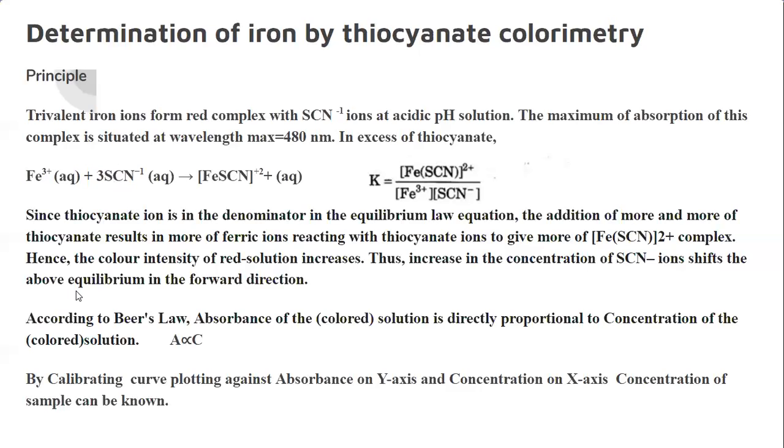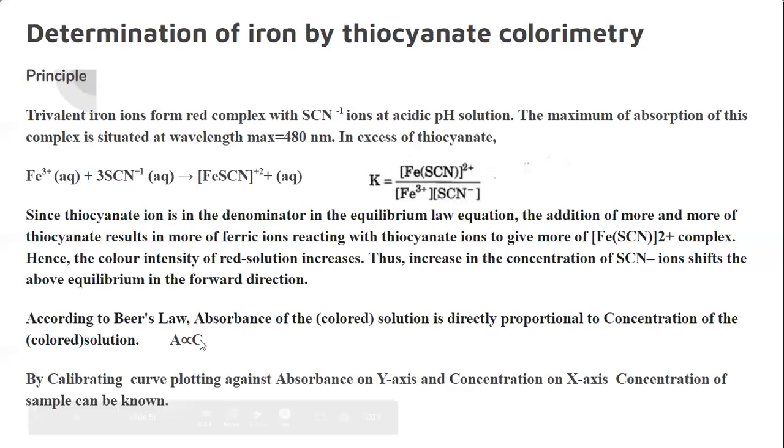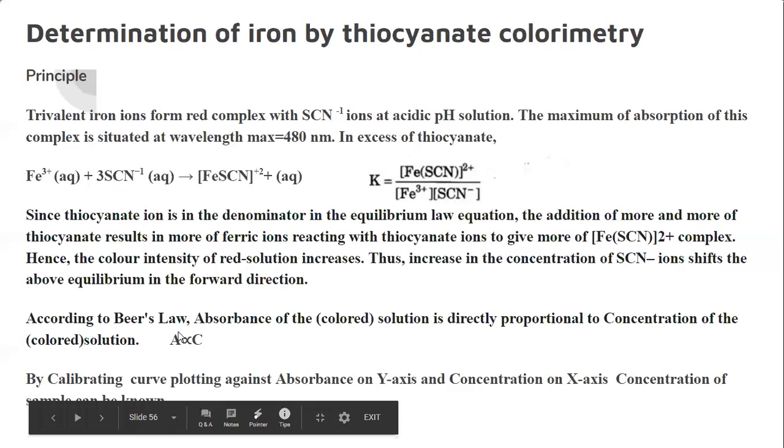Next, according to the Beer-Lambert law, the absorption is directly proportional to the concentration of the analyte. As the concentration of the analyte changes, absorption also changes. So for that purpose, we are preparing various standard solutions by varying the concentration. By placing those standard solutions in the colorimeter, we get different absorptions, and we draw a calibration curve.